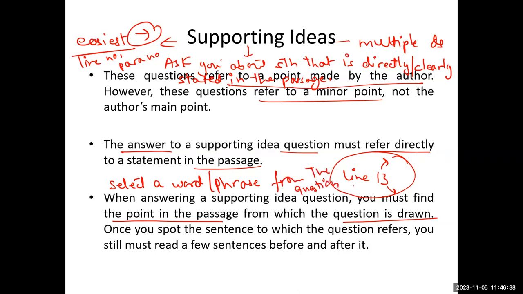From the question, select a word or phrase that you will hang on to. You will scan for that word or phrase in the paragraph. Wherever you find that word or phrase, you will concentrate over there, and then you can easily find your answer.